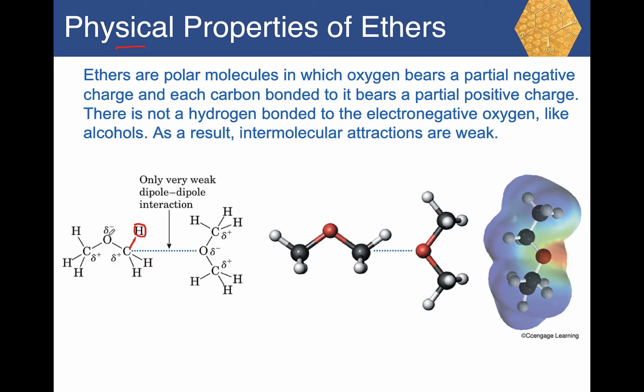So we have oxygen being more electronegative than carbon. So therefore this is partially negative and this carbon is partially positive. However, the electronegativity difference between carbon and oxygen is pretty small. If you look at the periodic table, you'll see that carbon and oxygen are very close to each other. So therefore, the interaction here, called dipole-dipole interaction, is very weak.